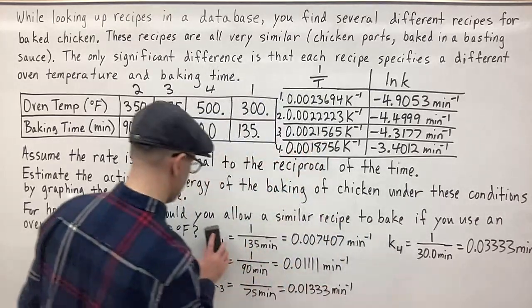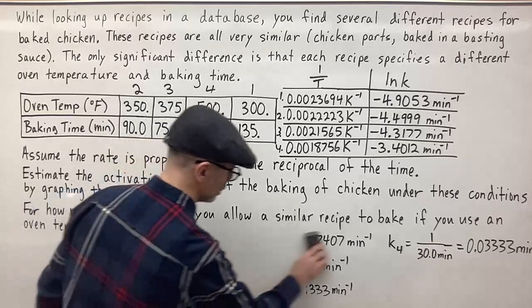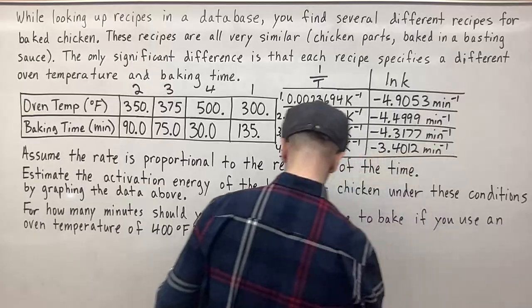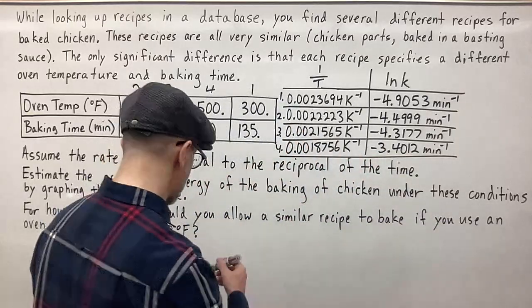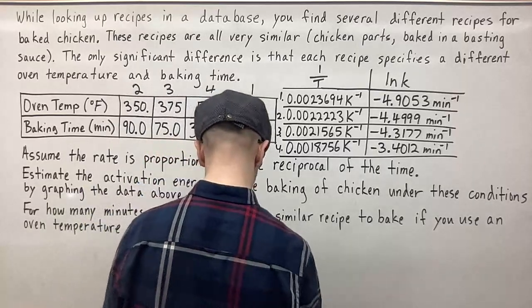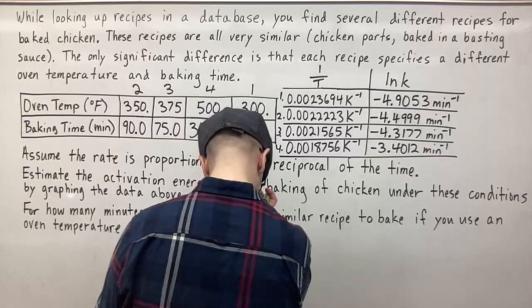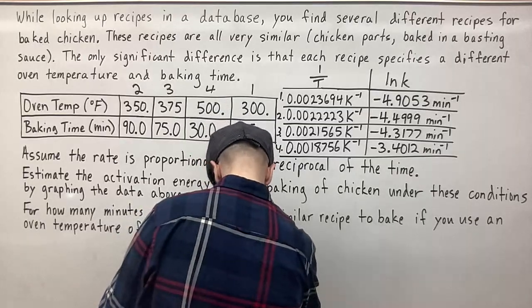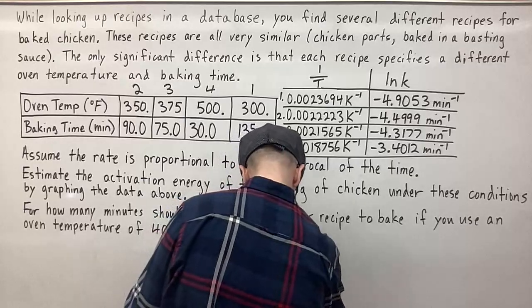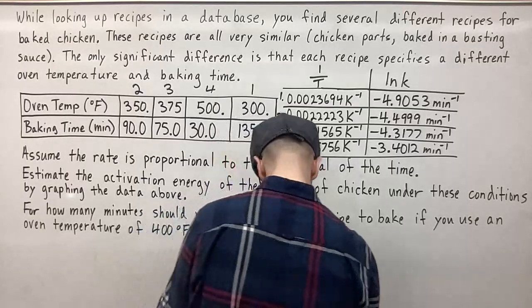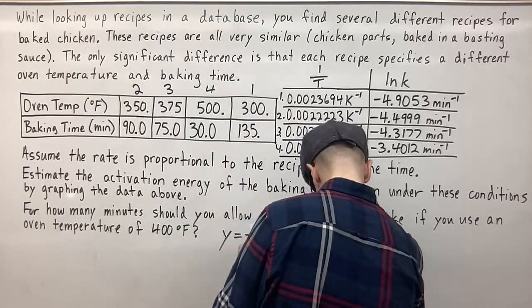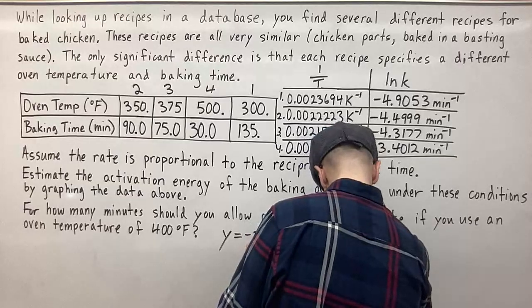I'm going to go ahead and erase this. The equation that we got is y equal to negative 3068.2 times x minus 1.7603.